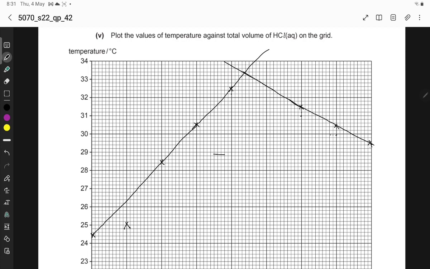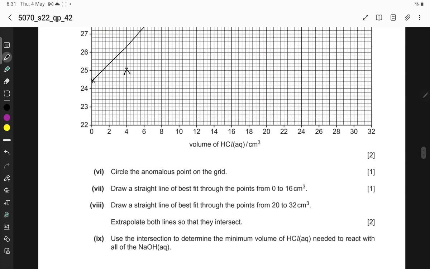Circle the anomalous value. Draw a straight line of best fit from 20 to 32.